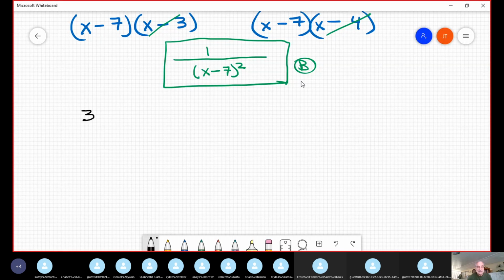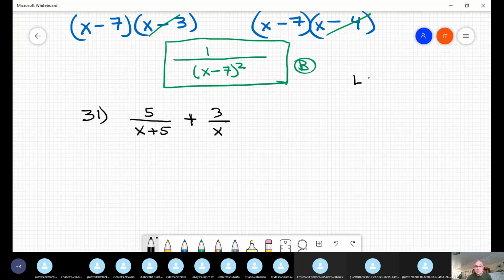31 is 5 over x plus 5 plus 3 over x. And remember, for addition or subtraction, you need to find the least common denominator.